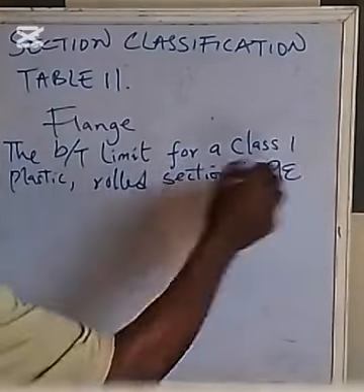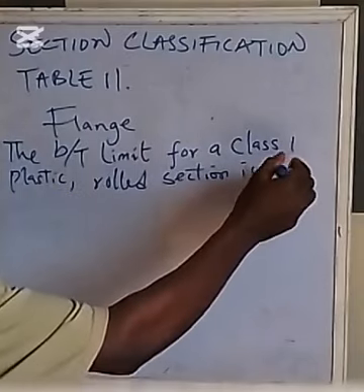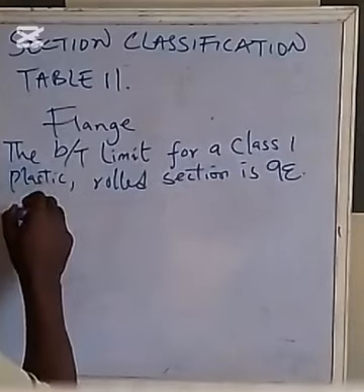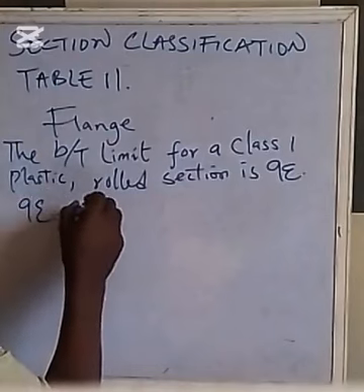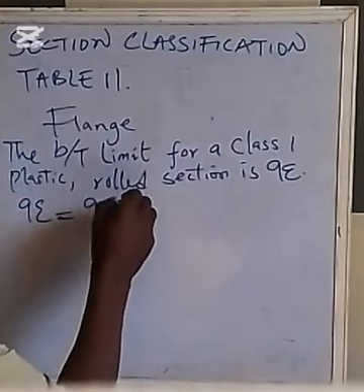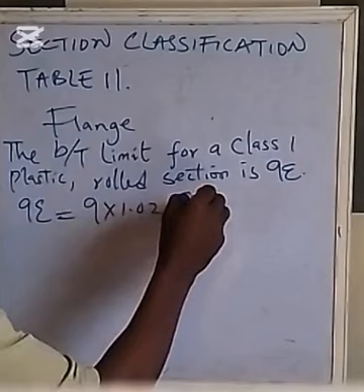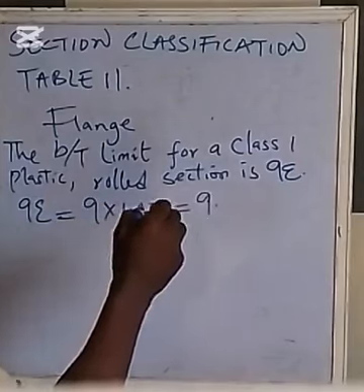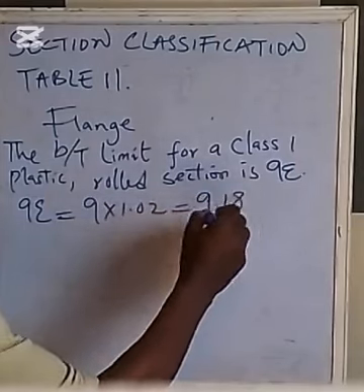So that this will thereby be equal to, because you know the value of this already, 9 multiplied by 1.02, which is equal to 9.18.